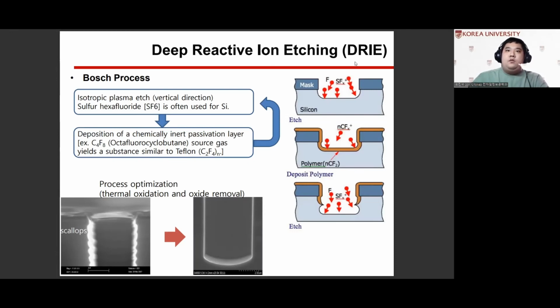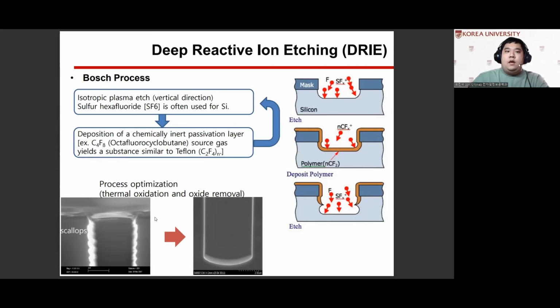First, we apply the SF6 ion for the reactive ion etching. Next, we cut out the reactive ion and apply the Teflon-based ion to deposit a Teflon layer, and then again we apply the reactive ion etching and so on.